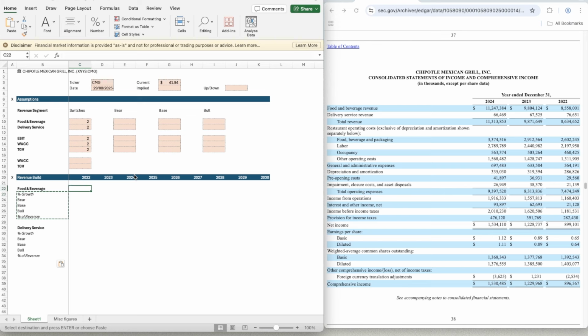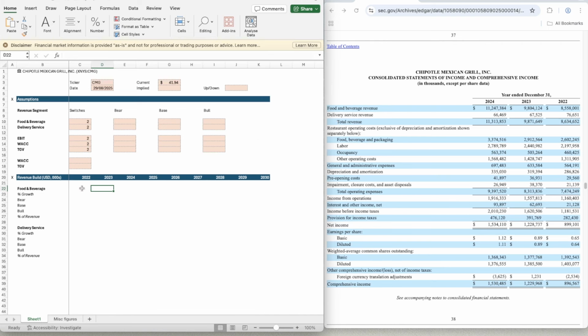So for food and beverage, we can see that this is going to be in USD thousands. So yeah, as you can see, it's in thousands. If you were looking at something like Apple or Nvidia, this would be in millions.